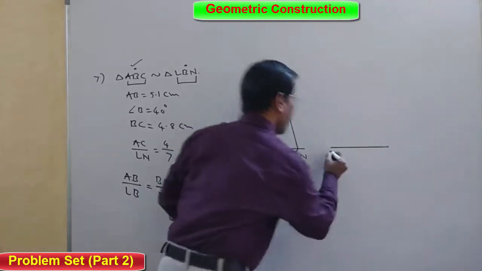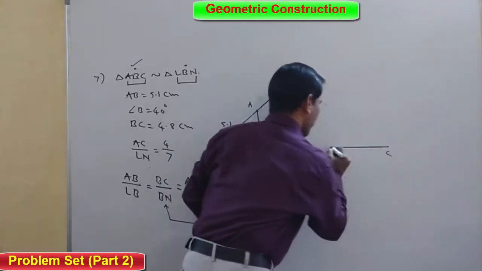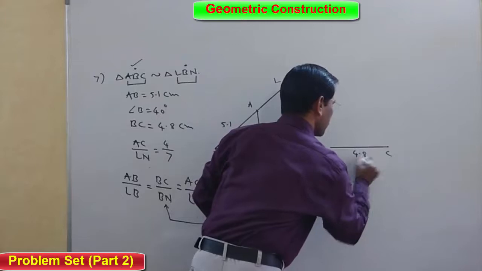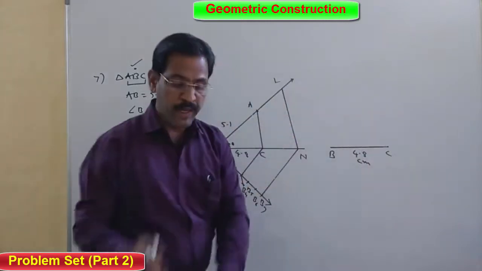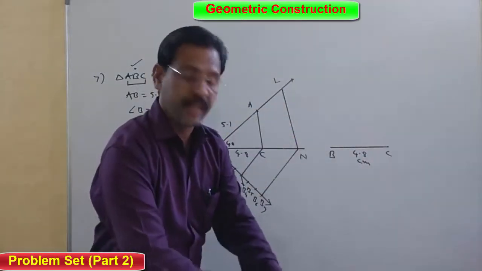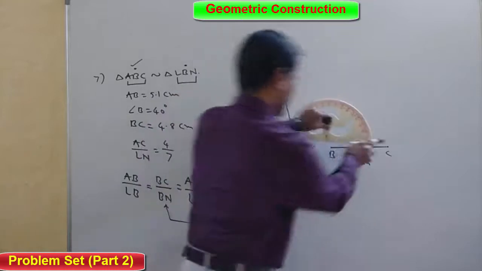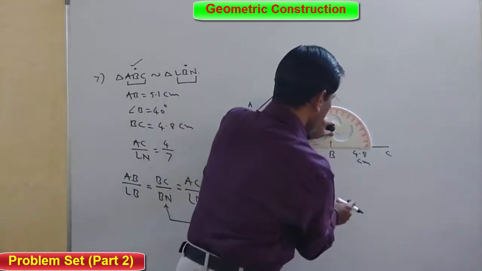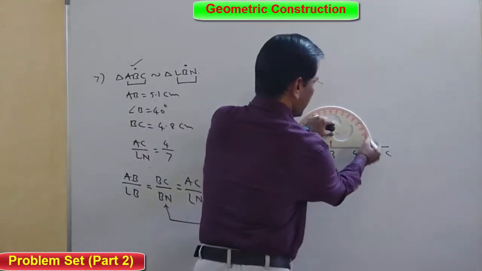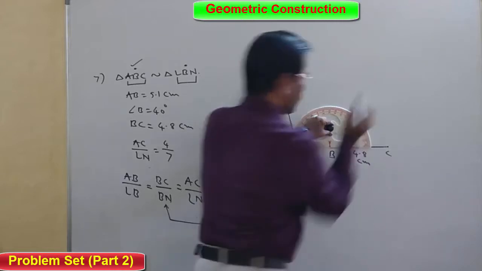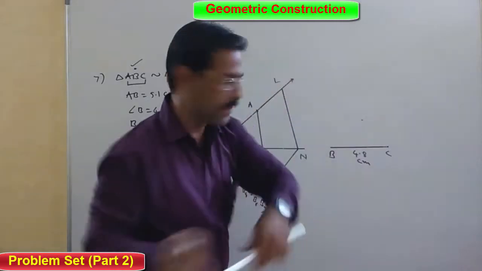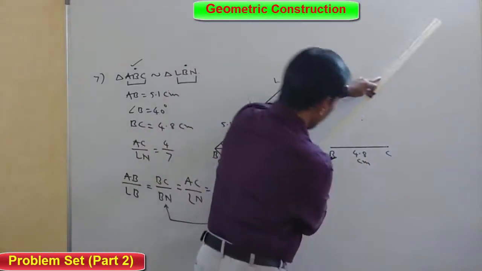This is BC. Okay friends, now from B we have to take a 40 degrees angle. Look here, 0, 10, 20, 30, 40. Now again try to join, and here I will extend also.